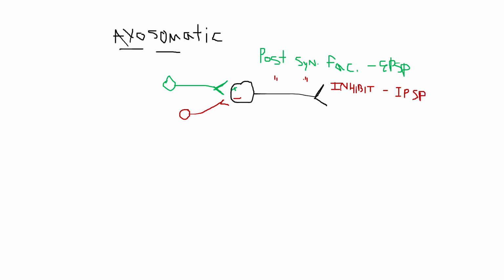So those are axosomatic relationships, but then we can also have a relationship called axo-axonal. Right? It's kind of hard to say. Axo-axonal. All right, so you can probably see where we're going here. We have axon to axon.